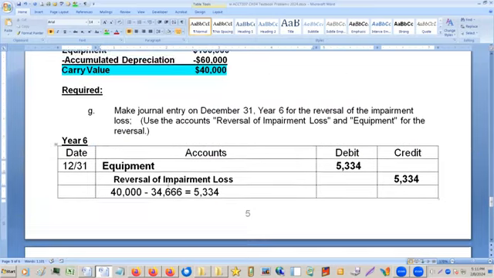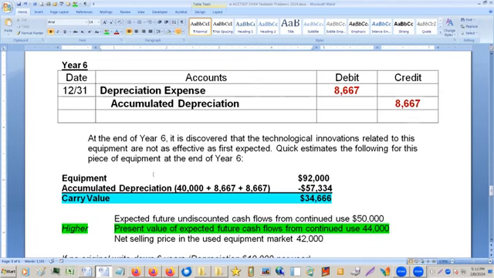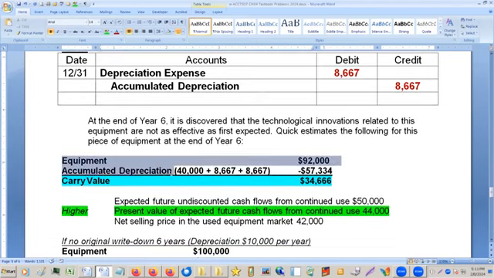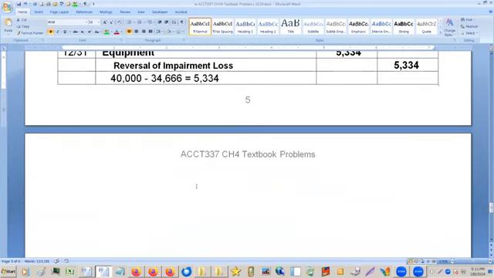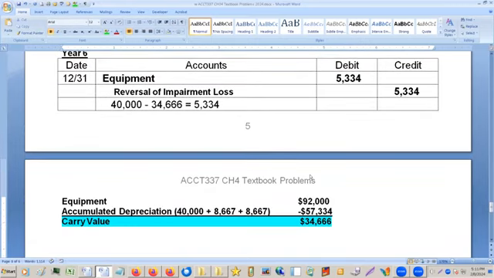Do I want to do a proof of this thing? Yeah, I'll do a proof of this thing. Okay, so this is what it'll look like when we're done with this. $92,000 plus 5,334, so this would be 97,334. Minus 57,334.